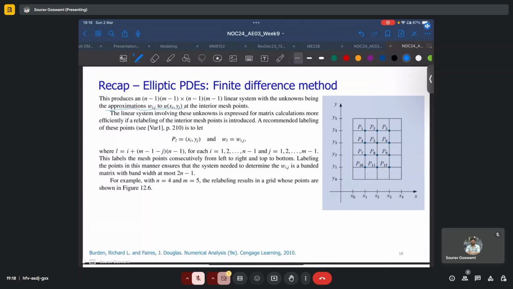As we can see in the illustration to the right, we can relabel our system. Here the mesh points are simply consecutively labeled from left to right and top to bottom. Labeling the points in this manner ensures that the system needed to determine w_ij is a banded matrix with bandwidth at most 2n minus 1.